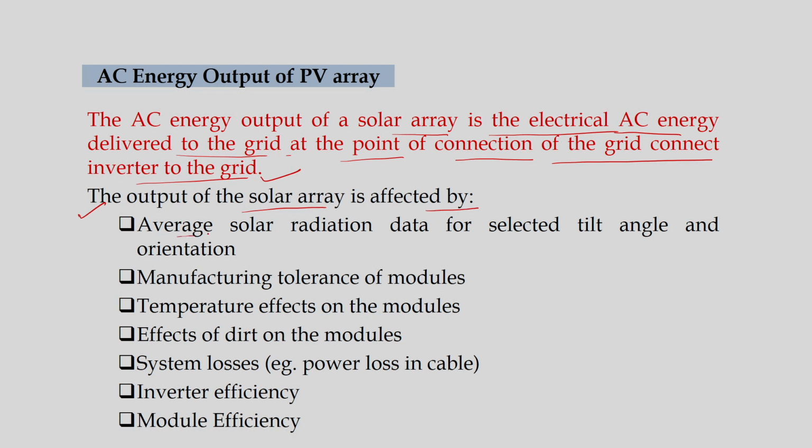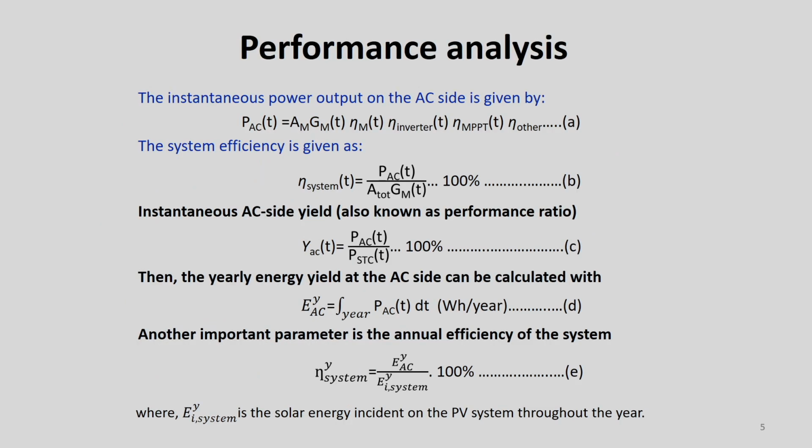For example, average solar radiation data for selected tilt angle and orientation, manufacturing tolerance of modules, temperature effect on the modules, effect of dirt on the modules, system losses, maybe in the AC cables, DC cables, inverter efficiency, then module efficiency.